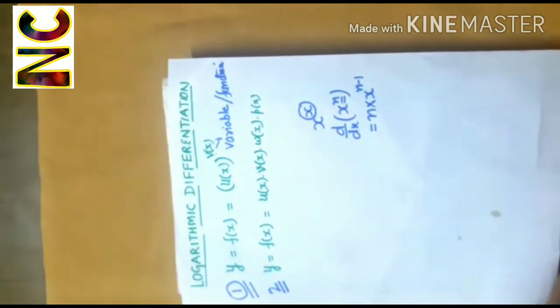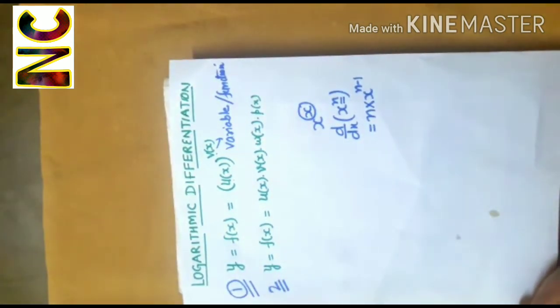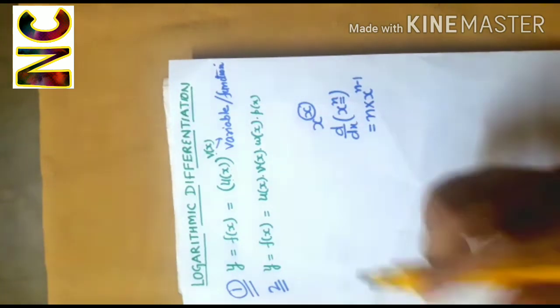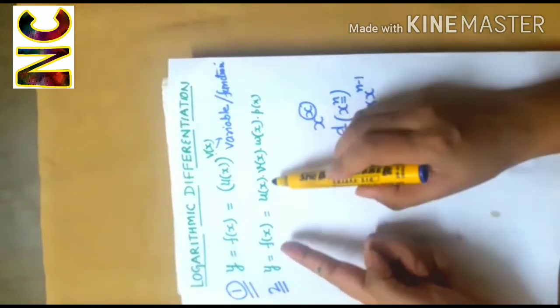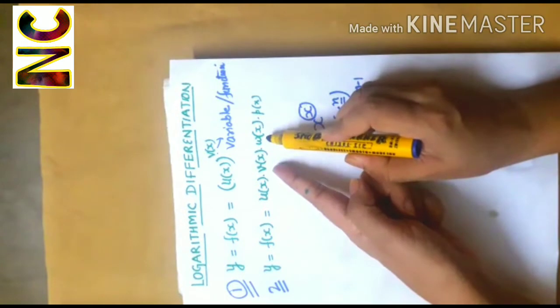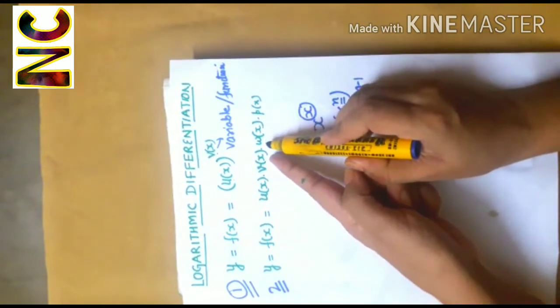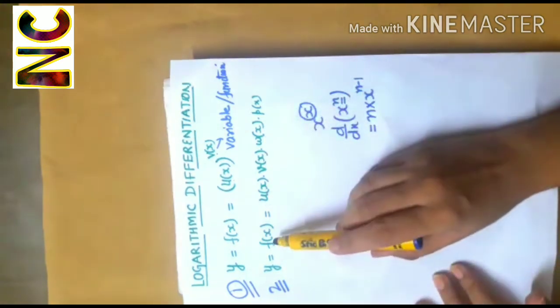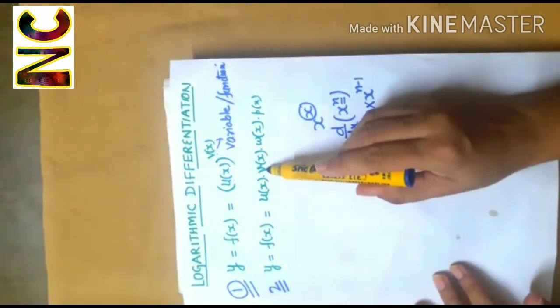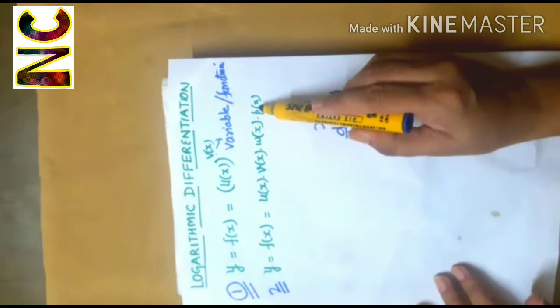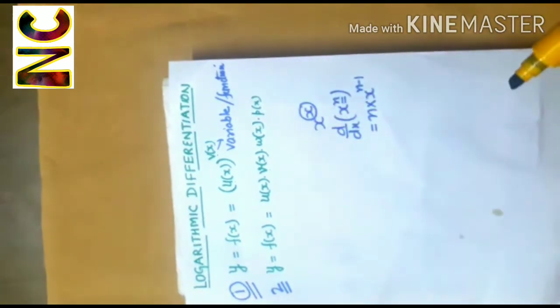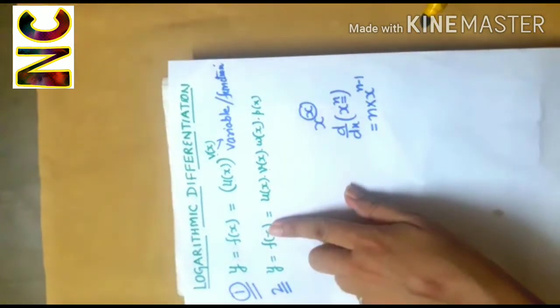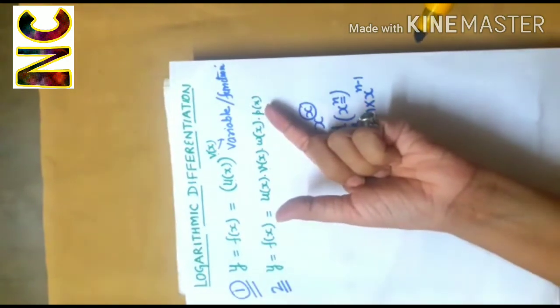The second situation when we use logarithmic differentiation is when the function is a product of some functions. That is, if f(x) is equal to u(x) into v(x) into w(x) into p(x). Here you can see that this function is the product of these four functions.